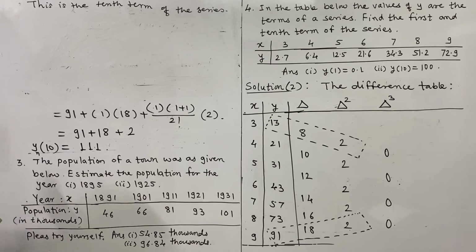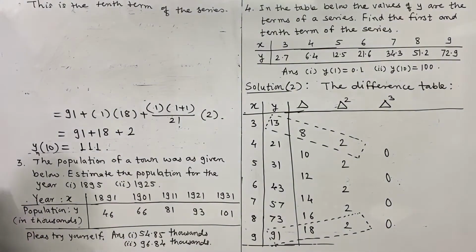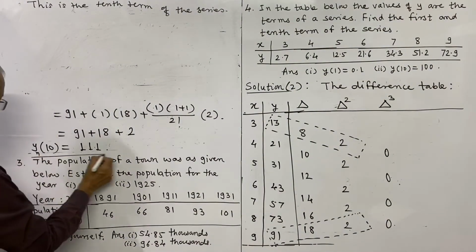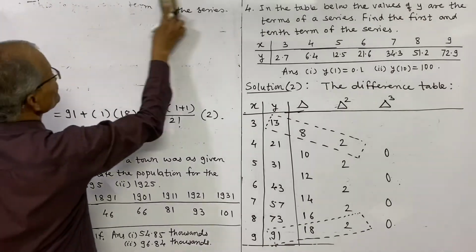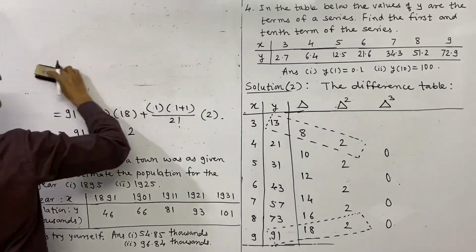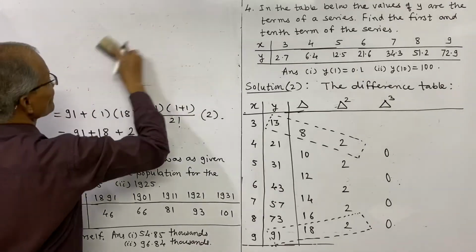And now what we shall have to obtain is the polynomial actually. So this is the 10th term, you should note. To find the polynomial now, we can use the forward difference formula.